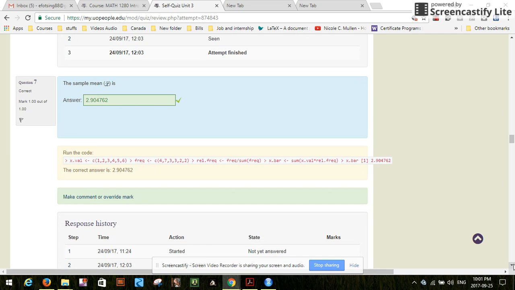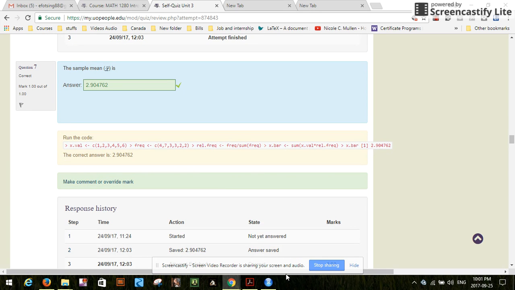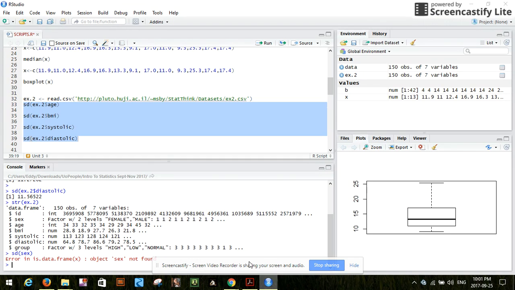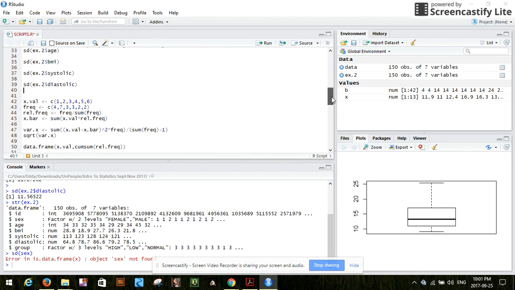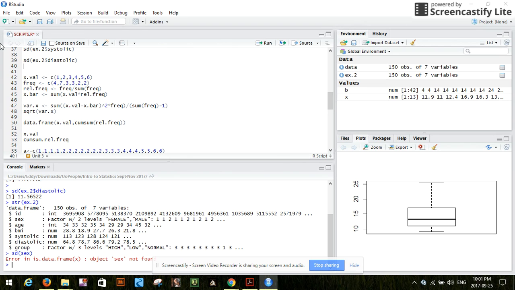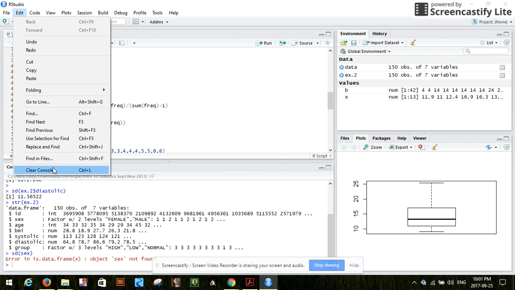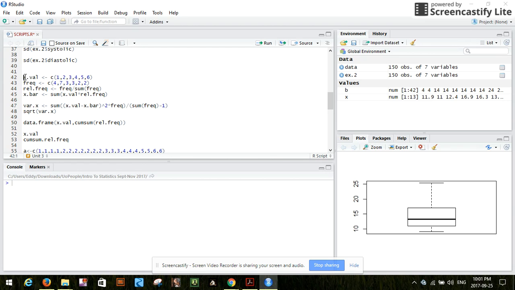We need to find the sample mean. So again, data set, as per the solution, I already copied that here for you guys. We have the x values, and then we have the frequency.